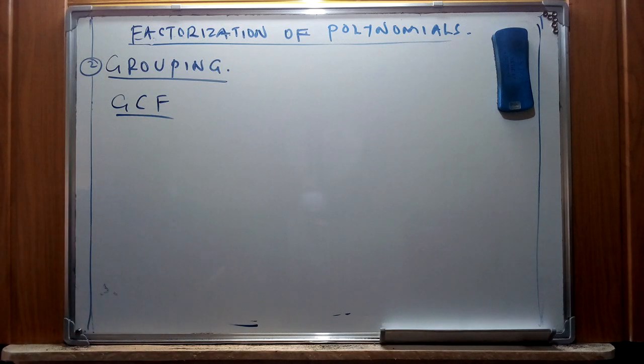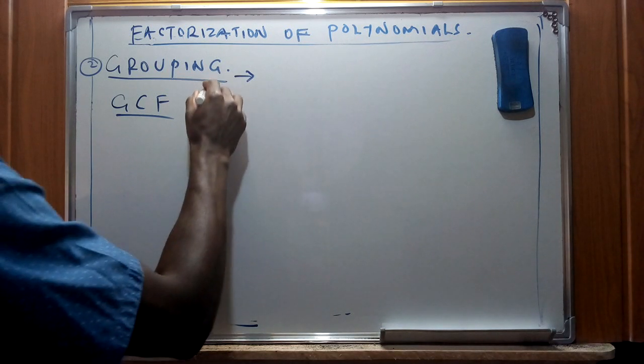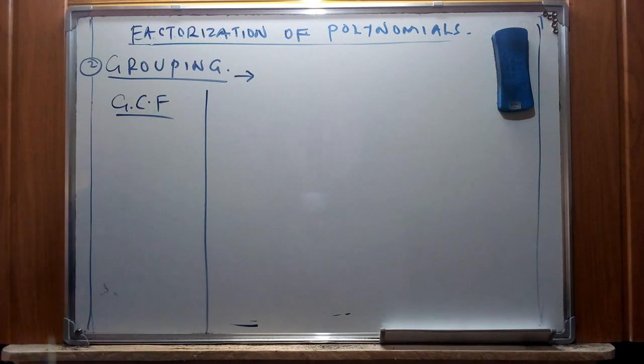So under the concept of grouping, we are going to see that polynomials with more terms, like 4 terms, can be factorized by grouping them into 2 pairs and factoring out the GCF, which is the greatest common factor.